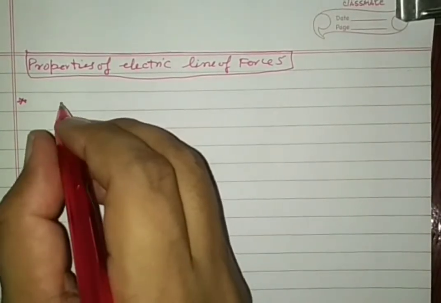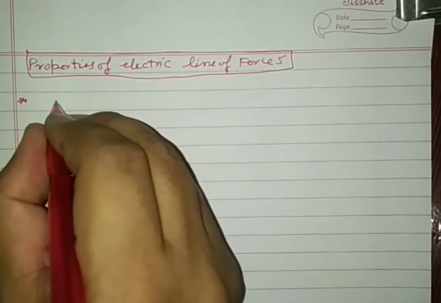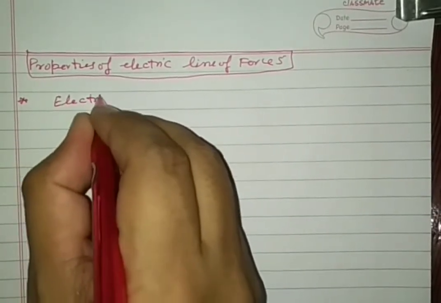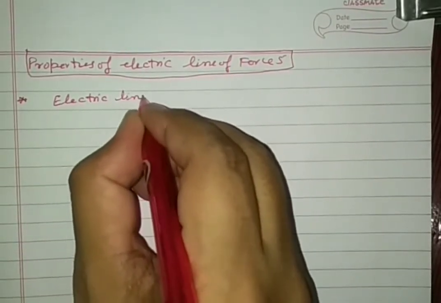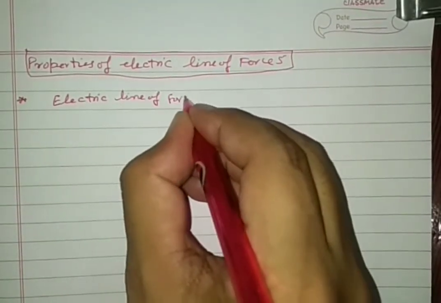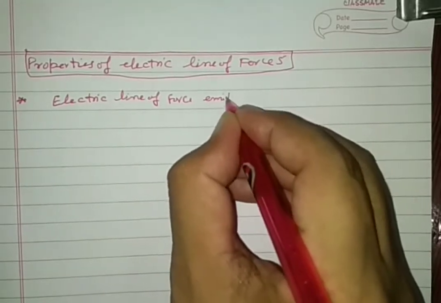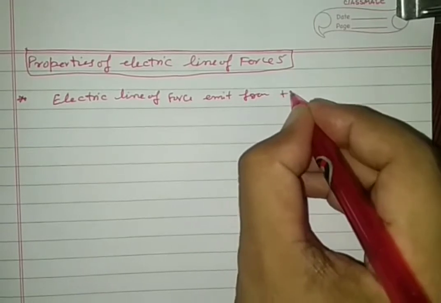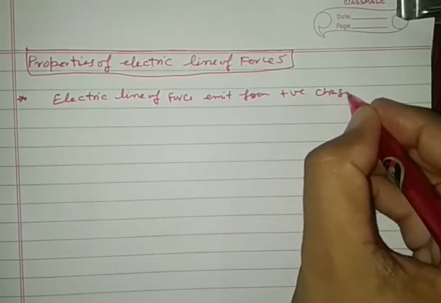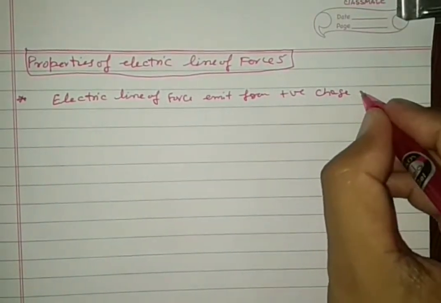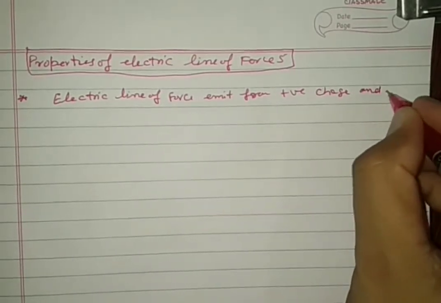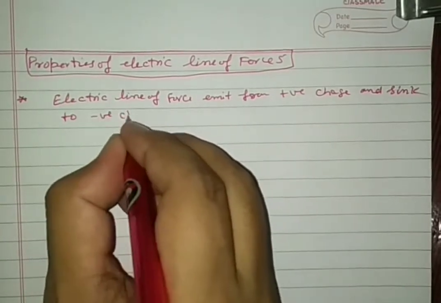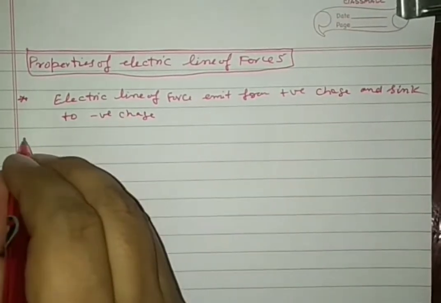Point number 1: electric line of force emits from positive charge and sinks into negative charge.